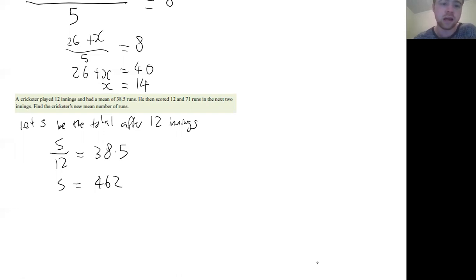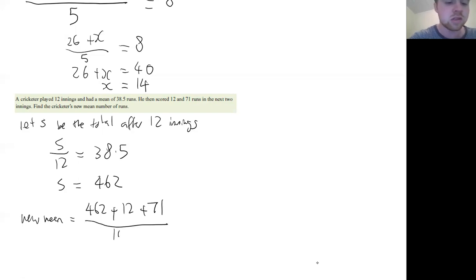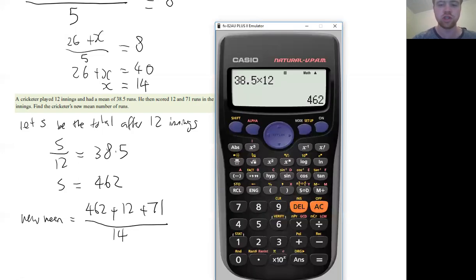We now need to find out what his new mean is going to be. So in this case, remember, the mean is just all of the runs added up together divided by the number of innings. So the new mean is going to equal 462 plus these 2 new scores. And then we're going to divide that by 14 because we've then had 14 innings in total. And that will give us our new average.